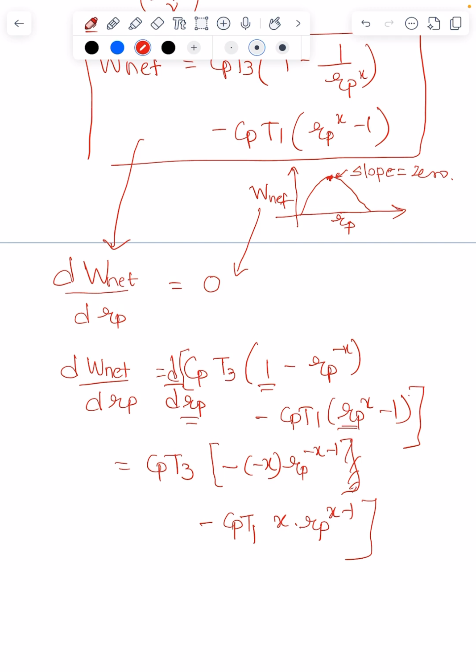Okay, so this becomes my expression of differentiation. So differentiation of W net with respect to Rp is this.